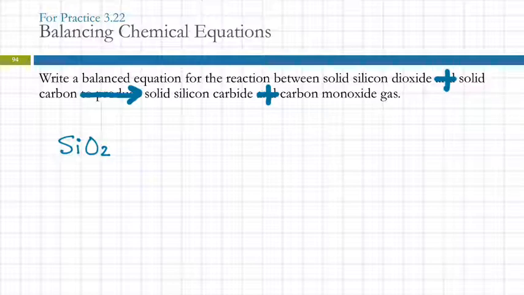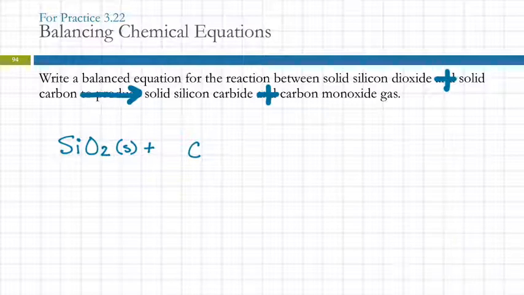The di tells me that there's 2 oxygens, and there's no prefix for the silicon, so that's just one of them. I am given the physical states. It says it's a solid, so I'll put an (s) there. And then a plus. Just to make things easy on myself, I'm going to leave a little gap in case I need to write something in front of the next compound. Solid carbon, it says.